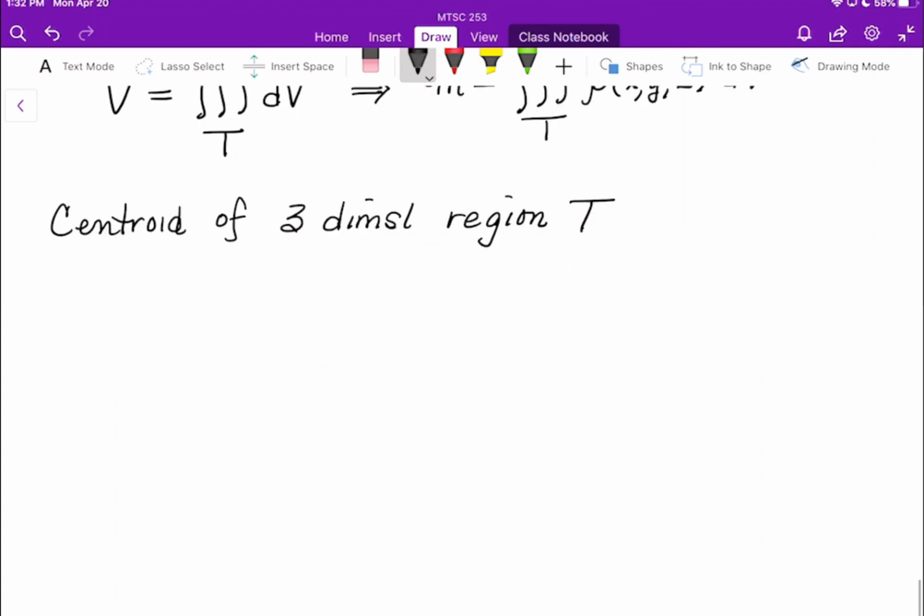Okay. So the x-coordinate of the centroid is going to be 1 over the mass, the triple integral of x times the density dV.